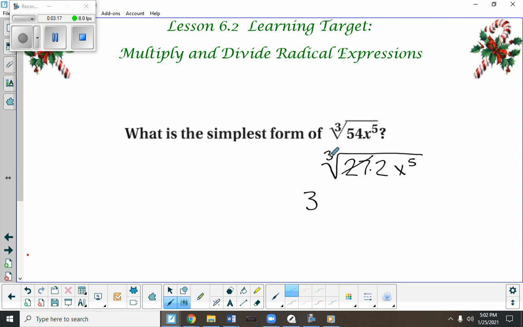And if you look at how many groups of 3 there are, if you have 5 x's, well, there would be 1 group of 3. 3 goes into 5 one time, and there would be 2 left over. So inside you have a 2, and then you have x squared. And if that's confusing to you, remember that is the cube root of x to the 3rd times x squared, because 3 plus 2 is 5, and the cube root of x cubed is x, so that comes out front, and you'd have 2 left inside.